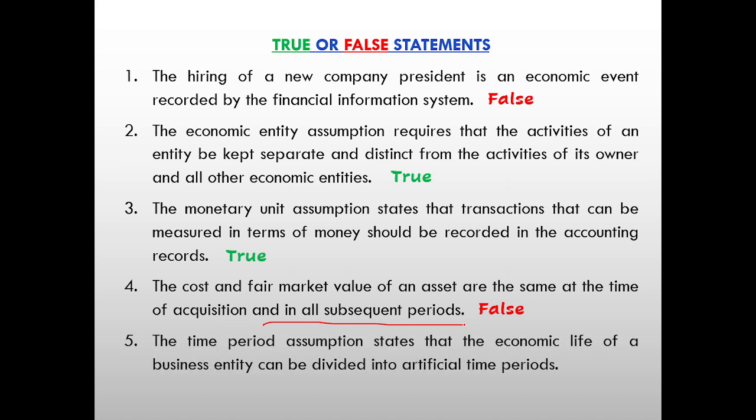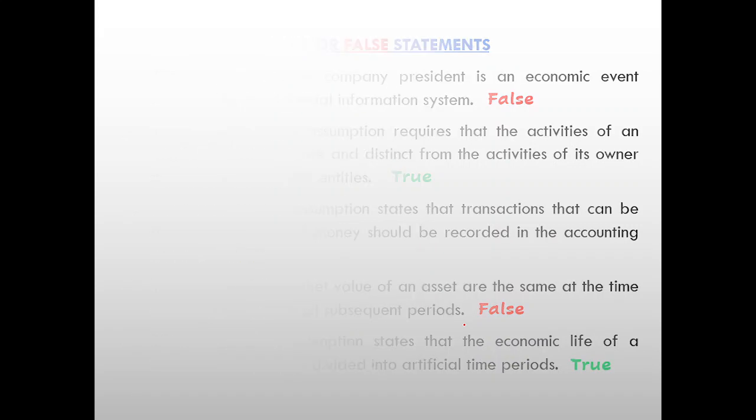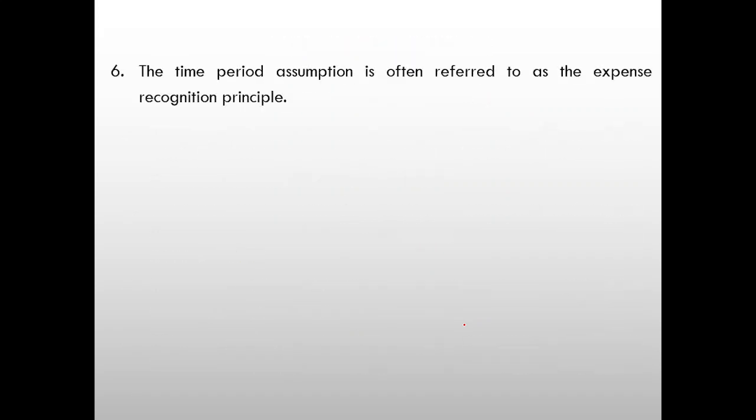Number 5. The time period assumption states that the economic life of a business entity can be divided into artificial time periods. True. Number 6. The time period assumption is often referred to as the expense recognition principle. False.